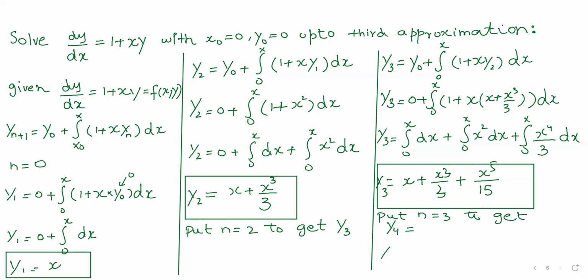Let's solve it on the other paper. So y4 will be equal to y0 plus the integral from 0 to x of (1 plus x) y3 dx.